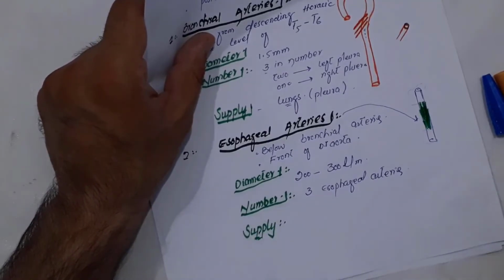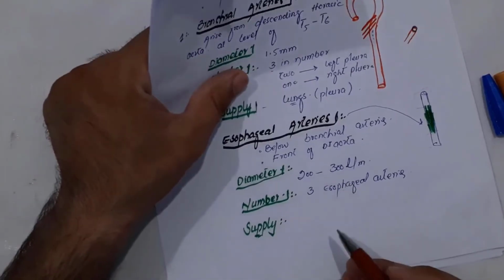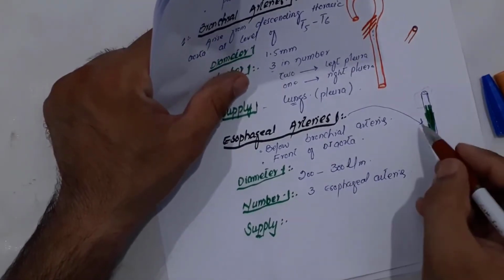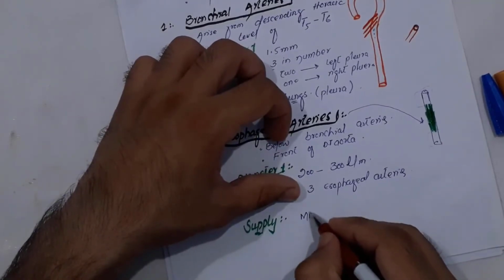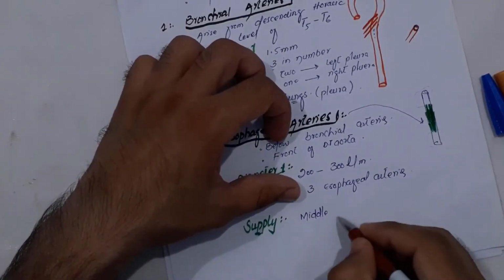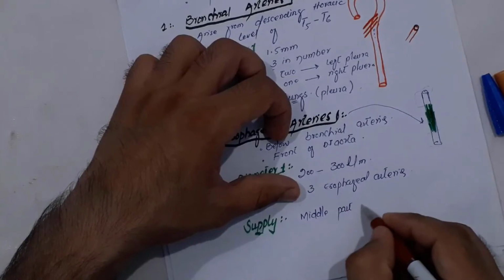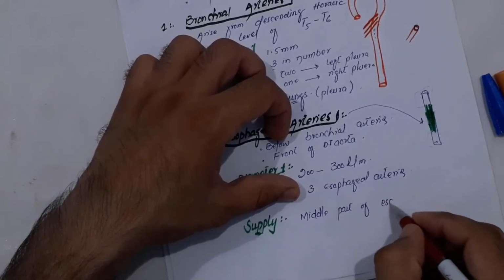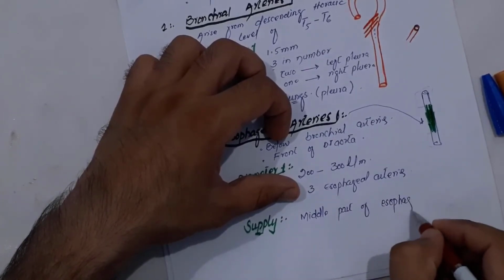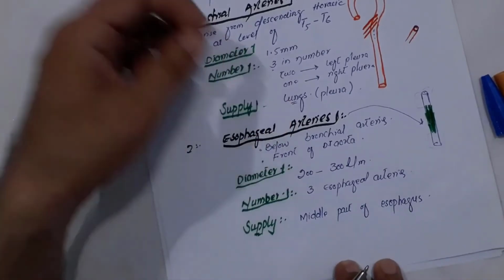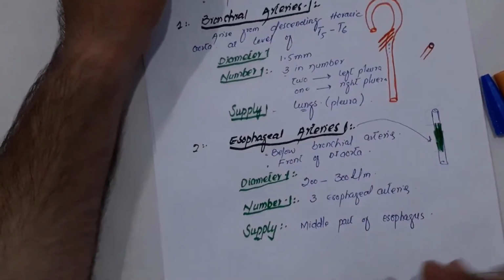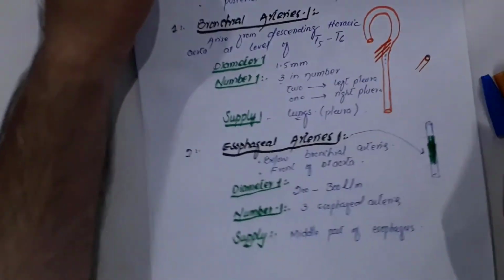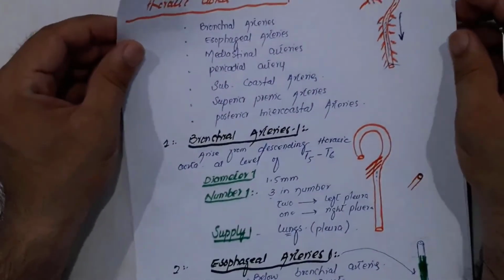They supply the middle part of the esophagus. Very good. So these are the esophageal arteries. The first group were bronchial arteries, the second group are the esophageal arteries.